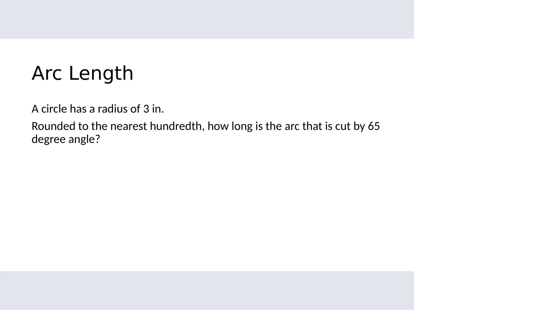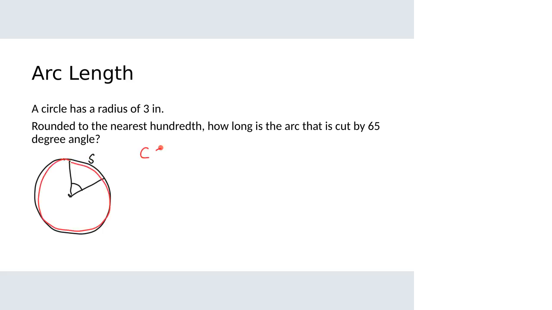Very recent, arc length. A circle has a radius of 3 inches. Rounded to the nearest hundredth, how long is the arc that is cut by a 65-degree angle? You don't have to draw a picture here, but I usually find it helpful. If we want a 65-degree angle, we're looking for that arc length right there. Important for arc length is the distance all the way around the circle, the circumference.